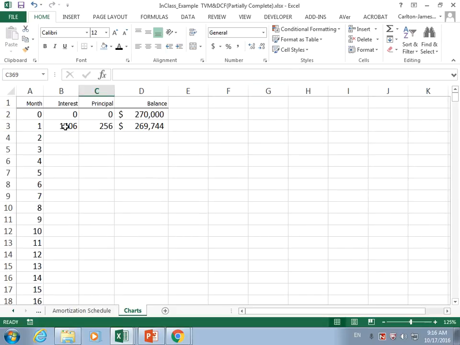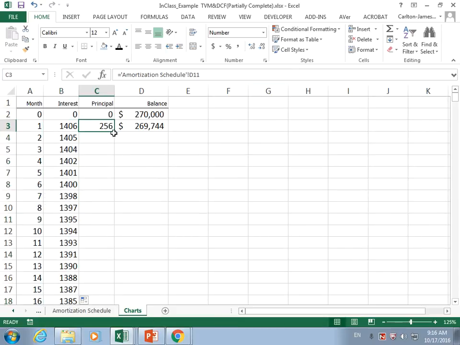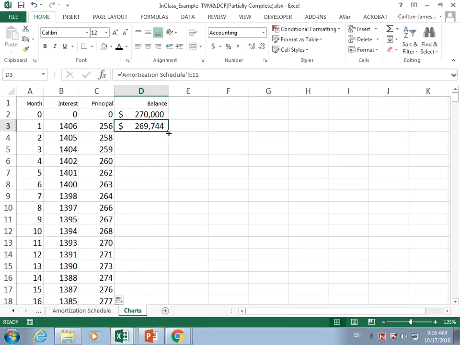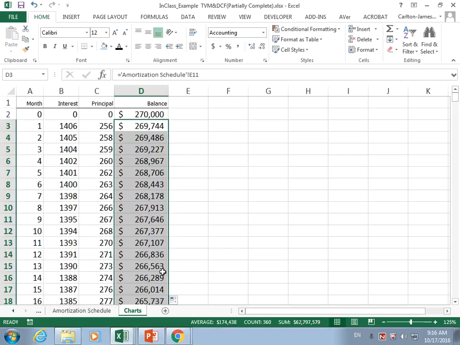And okay. And so really what we want to graph are just these two guys. But if you wanted to, you could show this as well, how the balance drops.